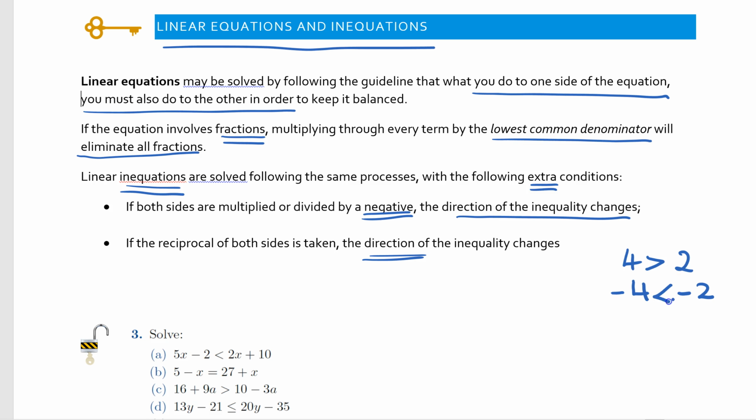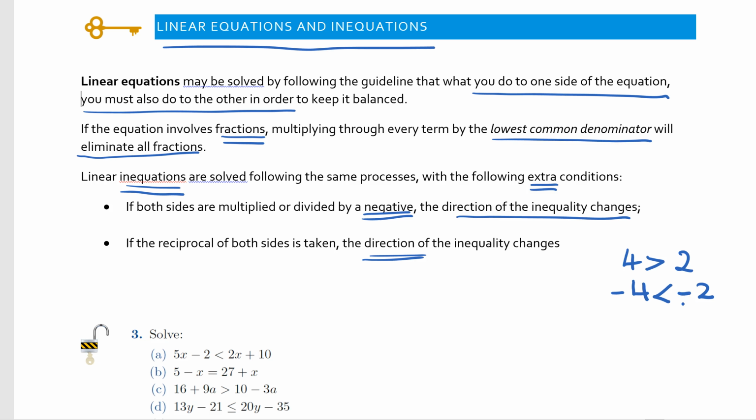I know that negative 4 is less than negative 2. It's further to the left on the number line. So dividing both sides by a negative actually requires that the direction of the inequality changes.